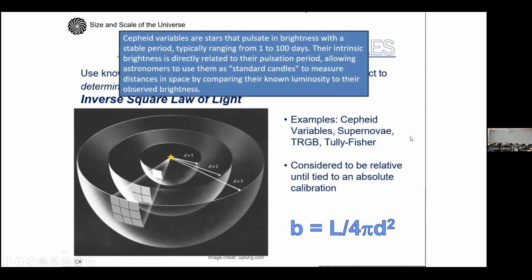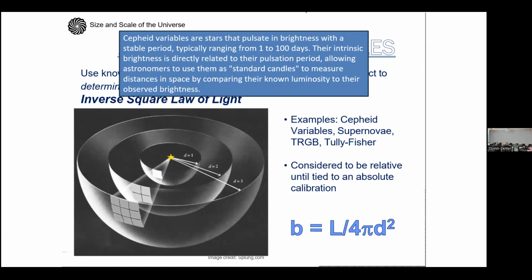All right, Cepheid variables, again, are stars that pulsate with brightness in a stable period. And they have an intrinsic brightness that's directly related to the pulsation period. We can measure their pulsation period, it's very short.